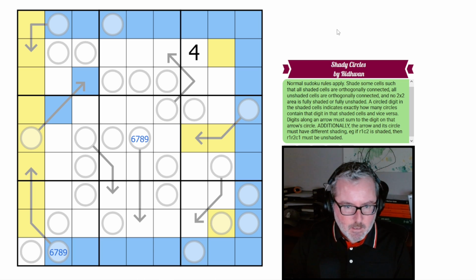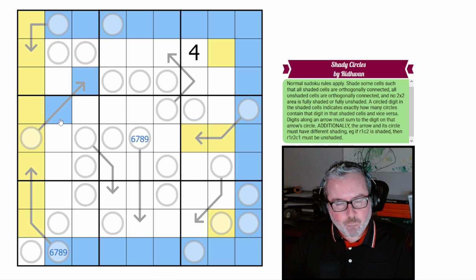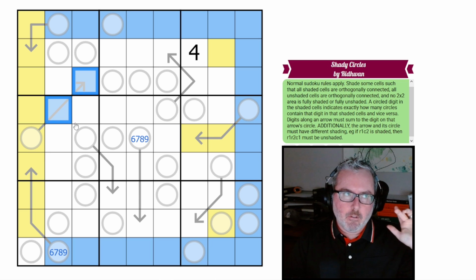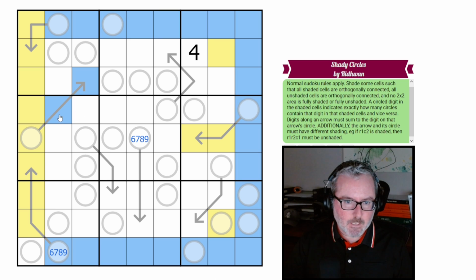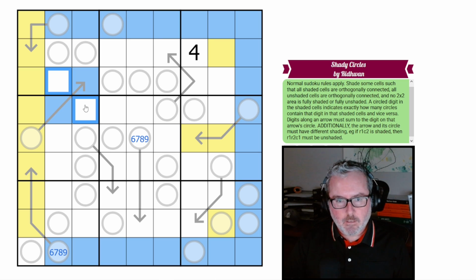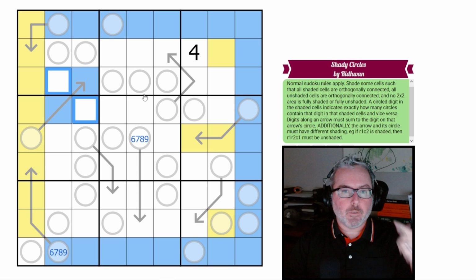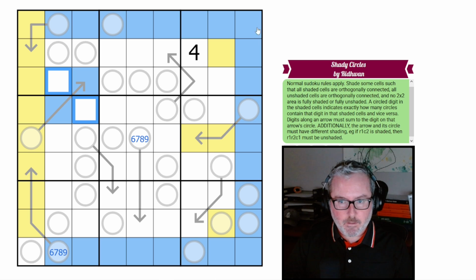Getting things mixed up. So, this guy is sort of intriguing because there's another quality of these types of shaded and unshaded puzzles, that we can never have a checkerboard pattern occur. Because if we did, we have the same problem we would come into with the outside ring.